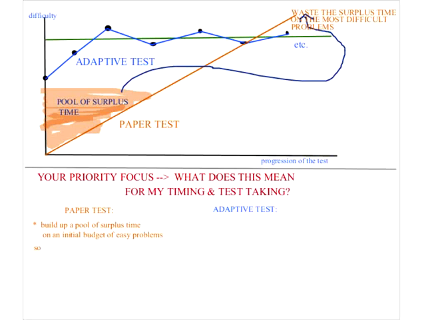So you can usually afford to spend extra time on the hardest problems. This effect is even more pronounced because you can skip around and revisit problems.